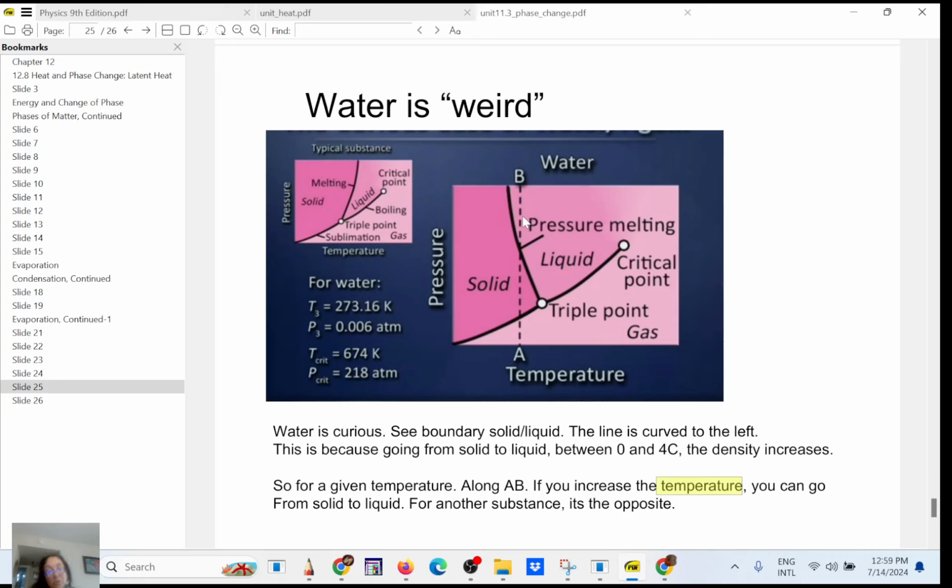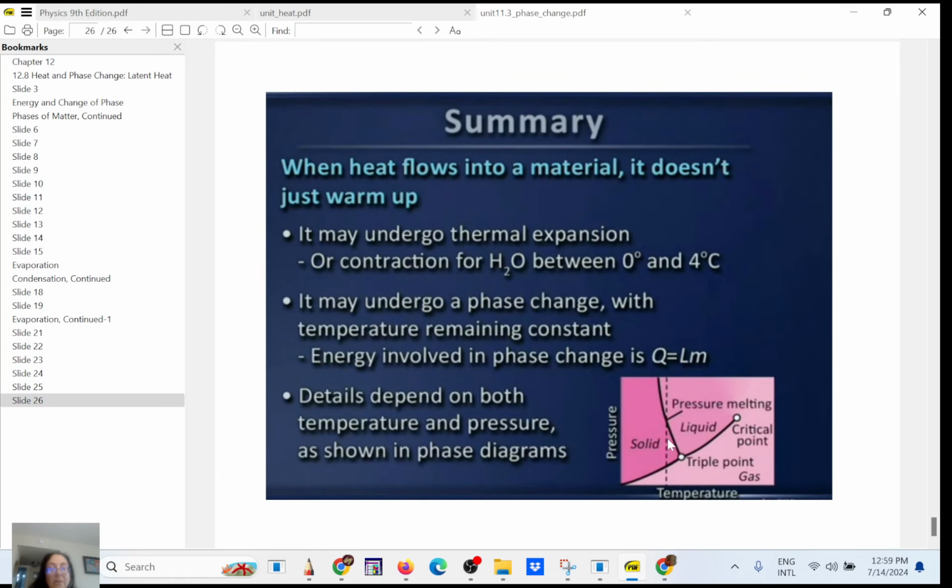It's because of the structure of ice. Remember those hexagonal shapes, okay? So you can dig more into it, but it's interesting. You have the triple point here for water and the critical point here for water. Okay, so this is a summary that comes from the book from Wolfson, Fundamentals of Physics.